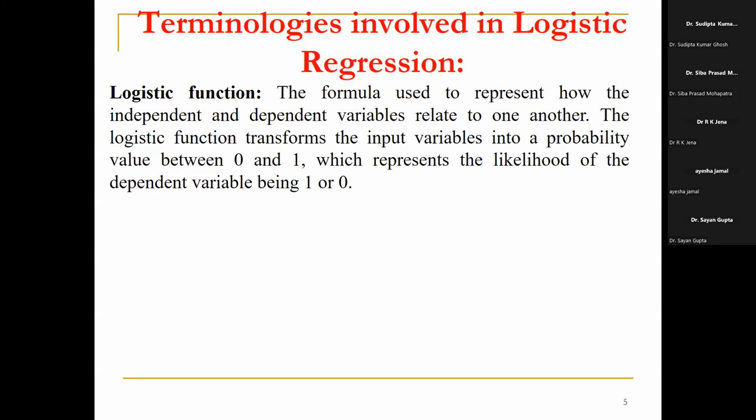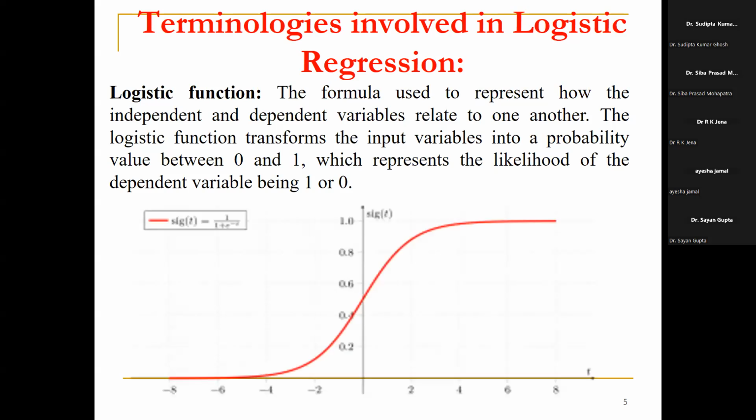So this is generally the logistic function you use, that is 1 divided by 1 plus e to the power minus t. That sigmoid function is used to convert the output into an S curve, and the value is always between 0 and 1.